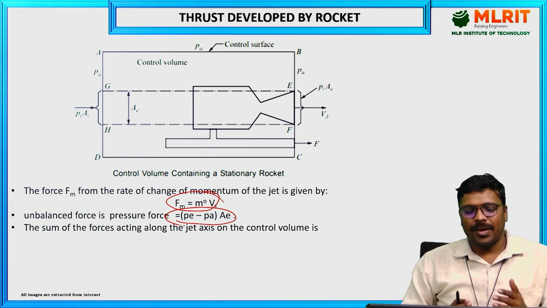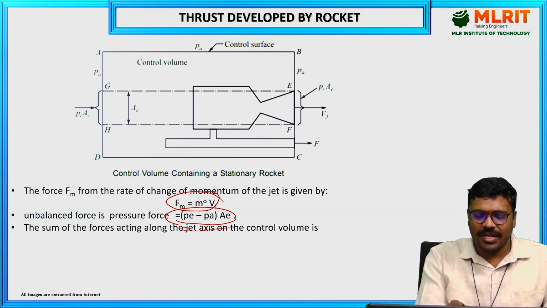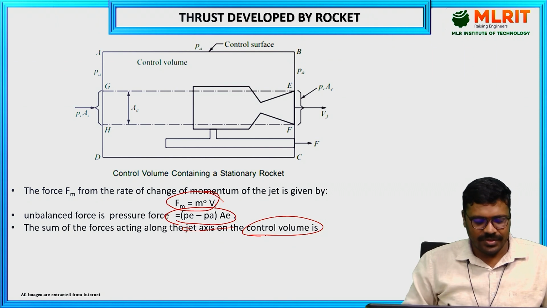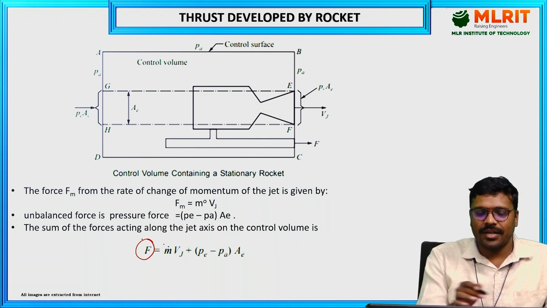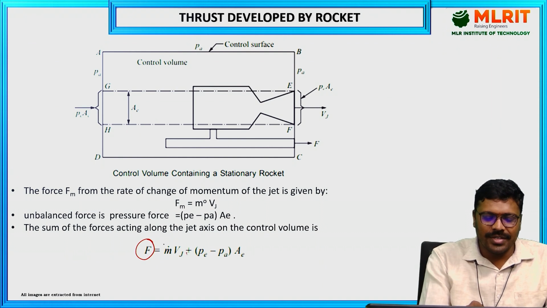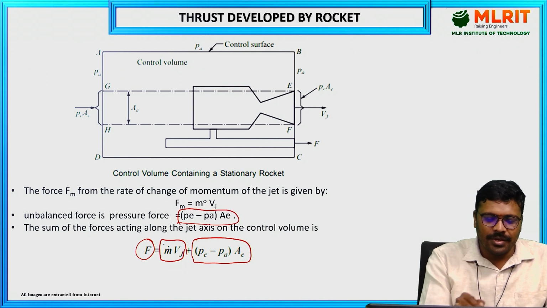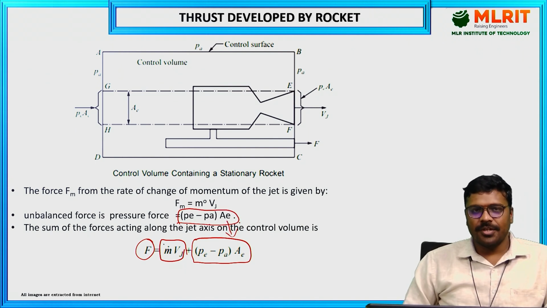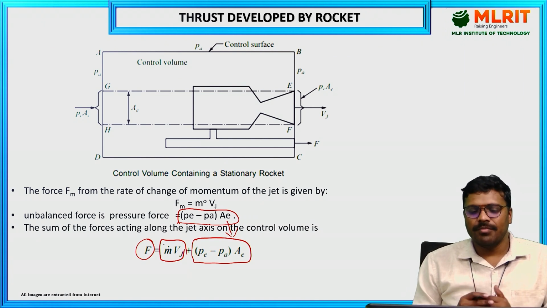If we apply the sum of the forces acting along the jet axis in the control volume, then we get F, the force acting on the support. One part is due to the momentum of gases, m dot Vj, and one is due to the pressure, that is Pe minus Pa into Ae. These are the two forces exerted due to the momentum of gases.